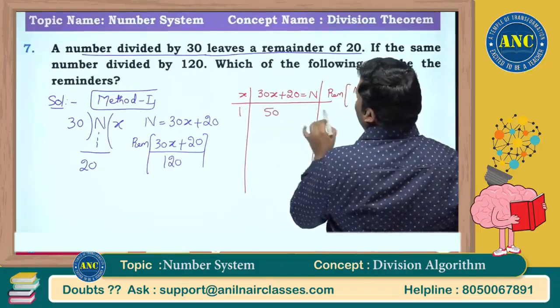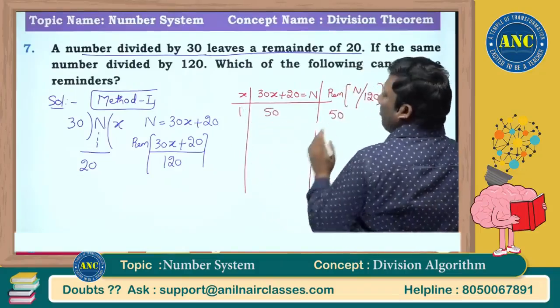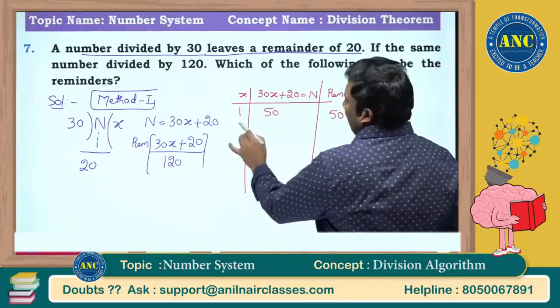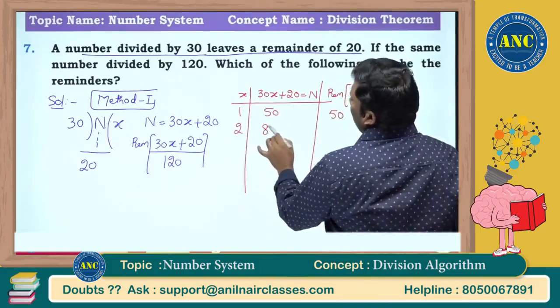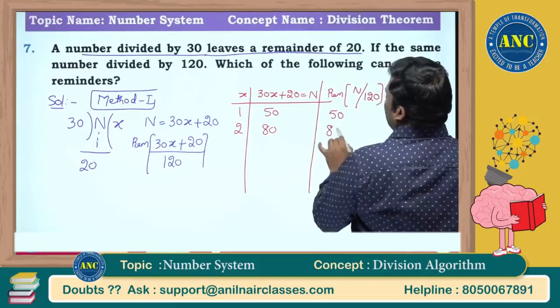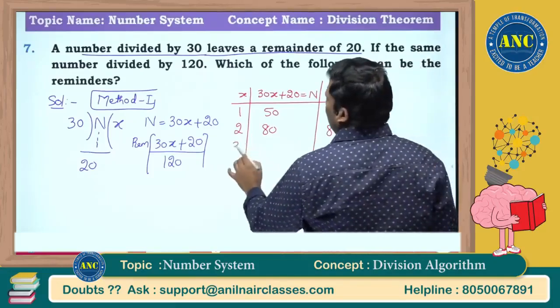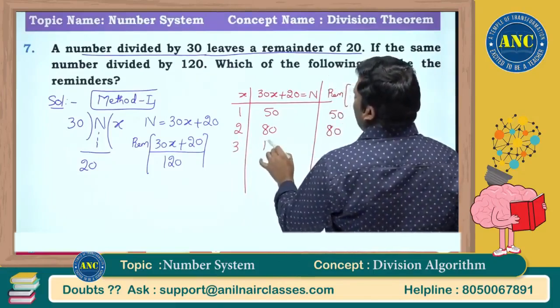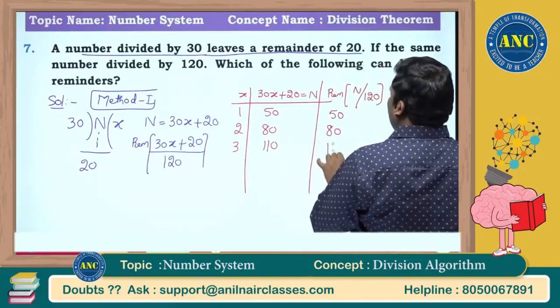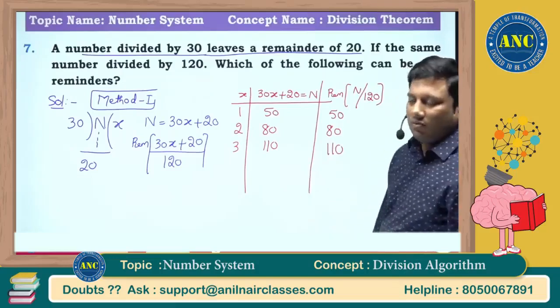30 plus 20, 50. 50 divided by 120, remainder 50. X value 2, 60 plus 20, 80. 80 divided by 120, 80. X value 3, 90 plus 20, 110. 110 divided by 120 is 110.